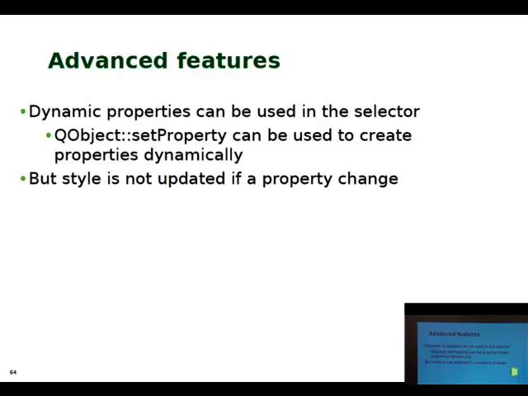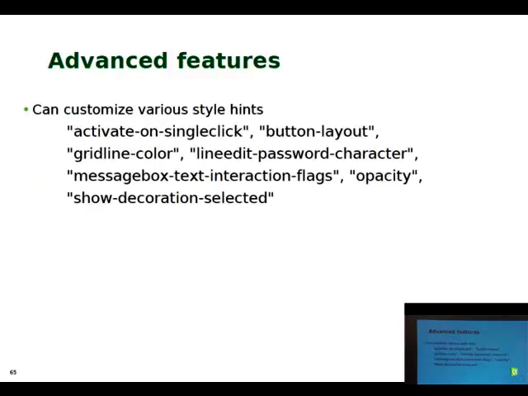The only problem with that is that if, while your application is running, you change that property, the style will not be updated. You can customize any style hint, or a lot of them, with the style sheet, so you have a lot of Qt properties that you can set.